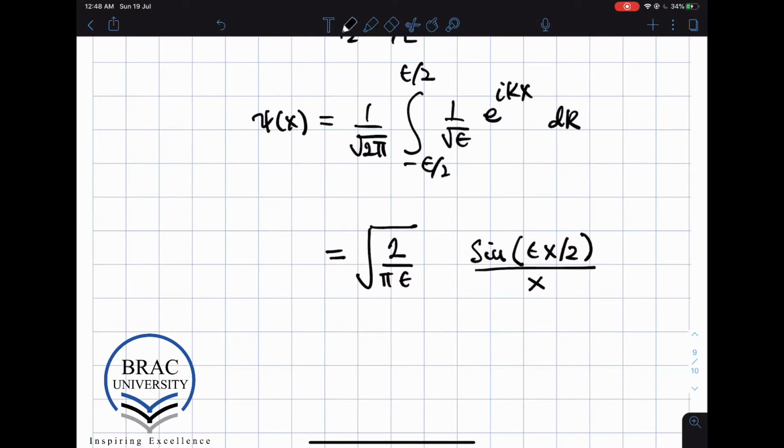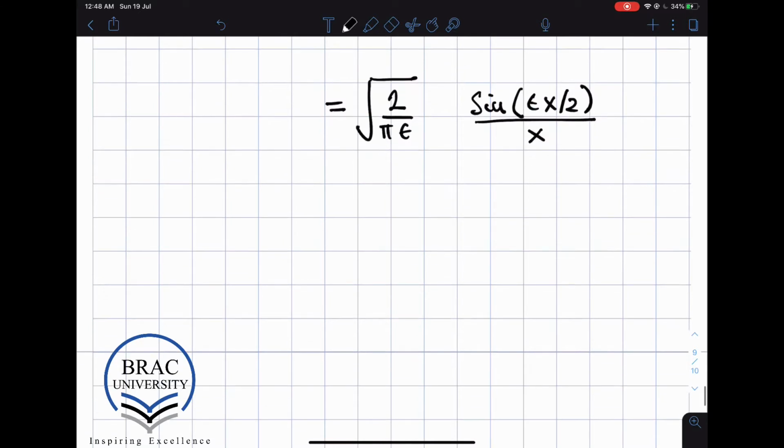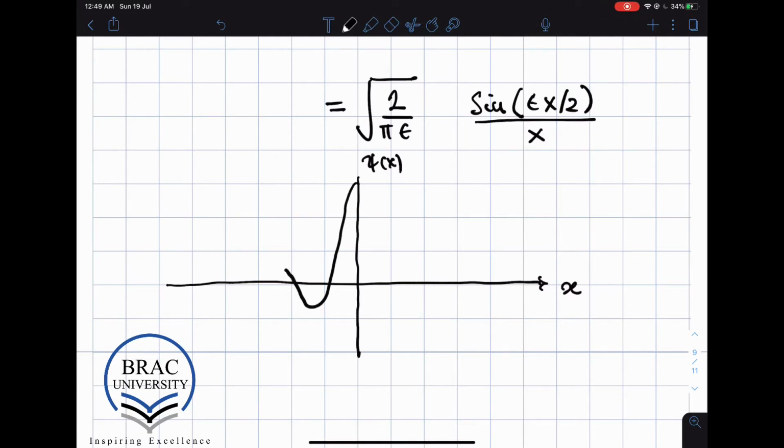So this function looks a little bit like a cosine wave that's dying out.